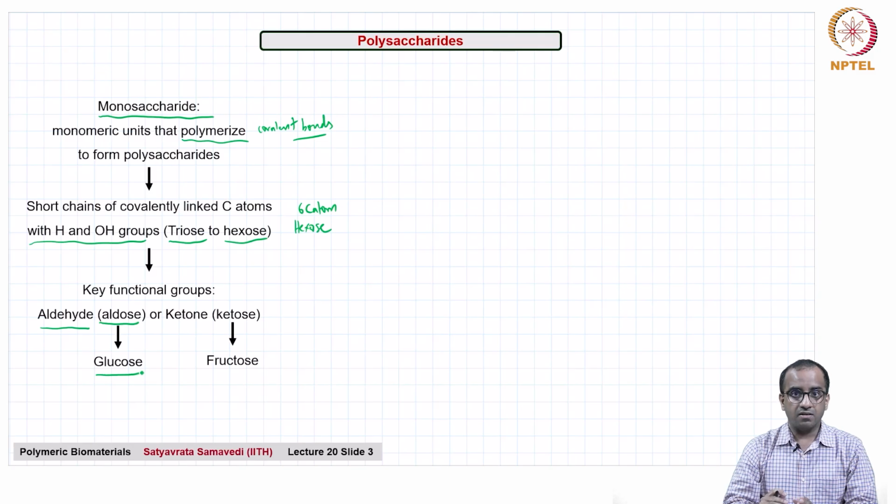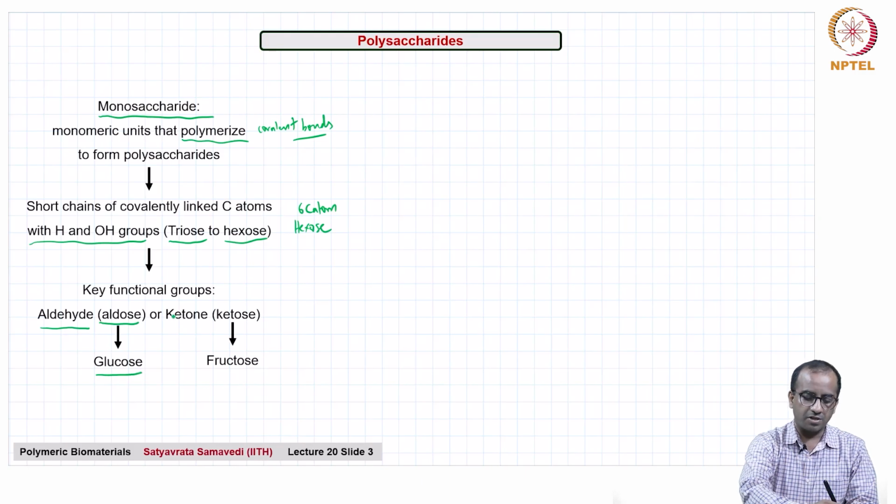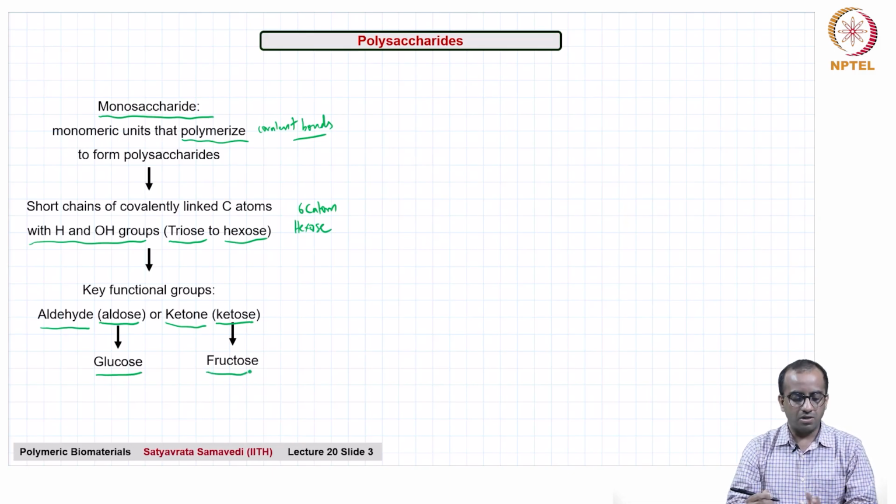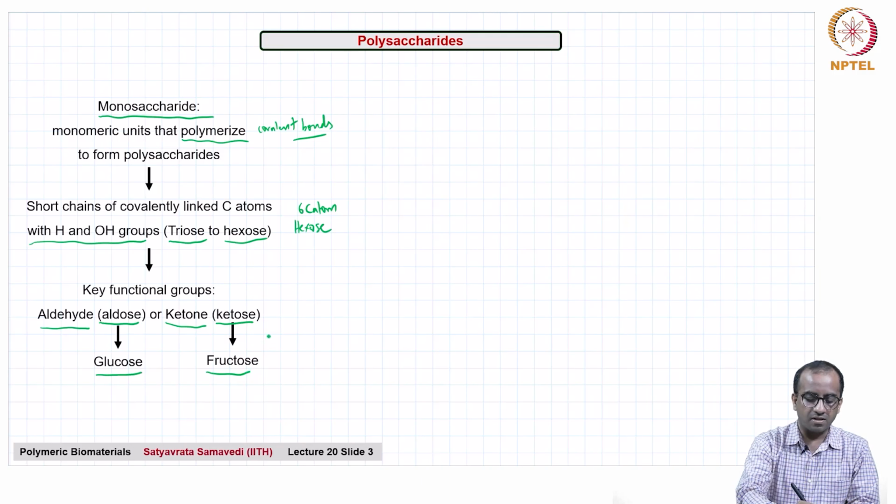And the other functional group, which we will not focus on much in this lecture but which is nevertheless important, is ketone, which becomes a ketose, and one very popular example of that is fructose. Note that both glucose and fructose are 6 carbon atoms.